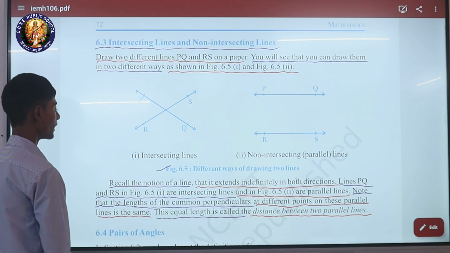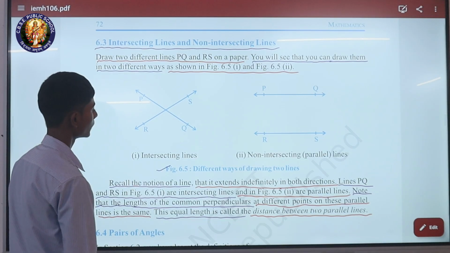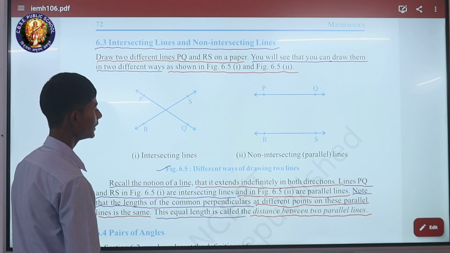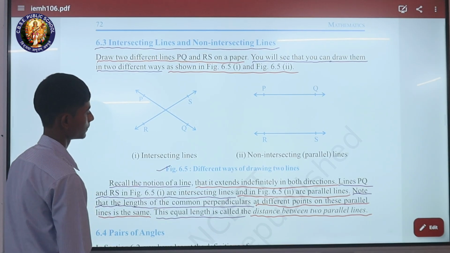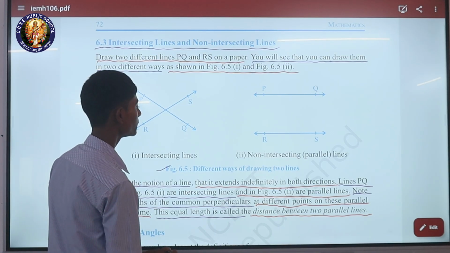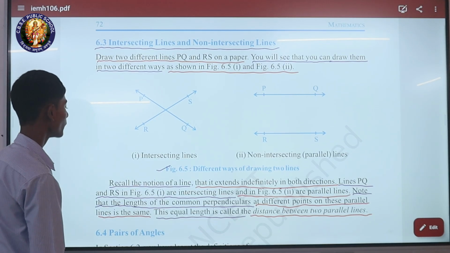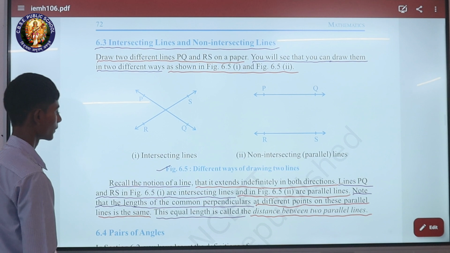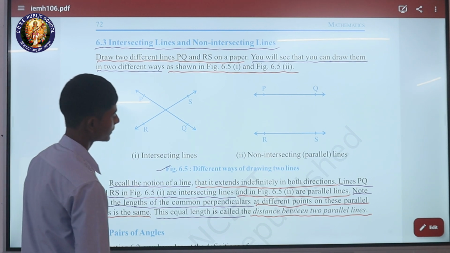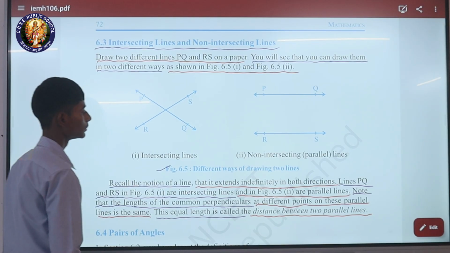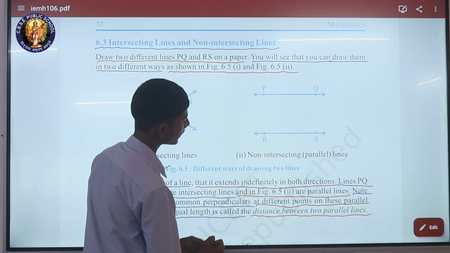Recall the notion of a line, that it extends indefinitely in both directions. Lines PQ and RS in Figure 6.1 are intersecting lines, and in Figure 6.2 they are parallel lines.